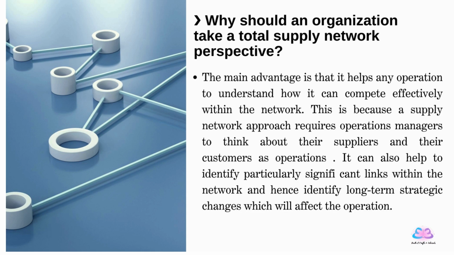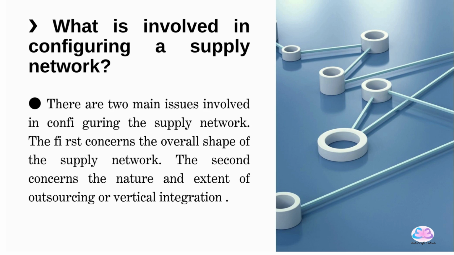The supply network approach requires operations managers to think about their suppliers and their customers as operations. It can also help to identify particularly significant links within the network and hence identify long-term strategies or strategic changes which will affect the operation.